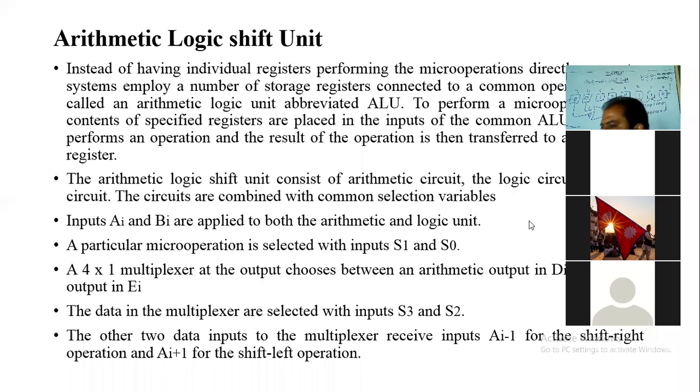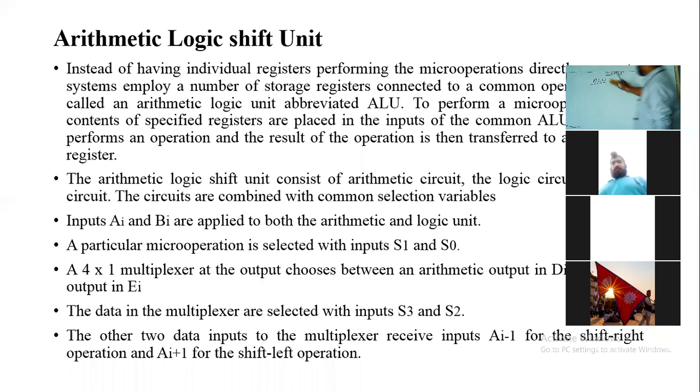Now the next topic is ALU, arithmetic logic shift unit.